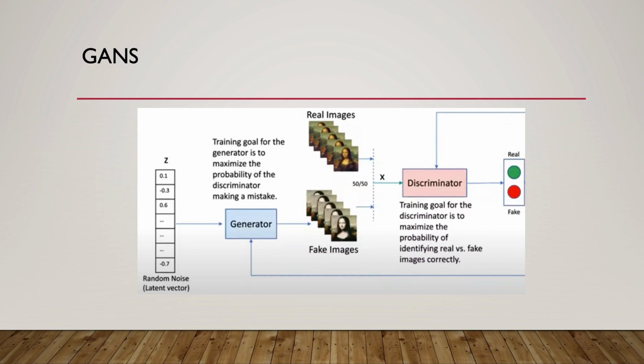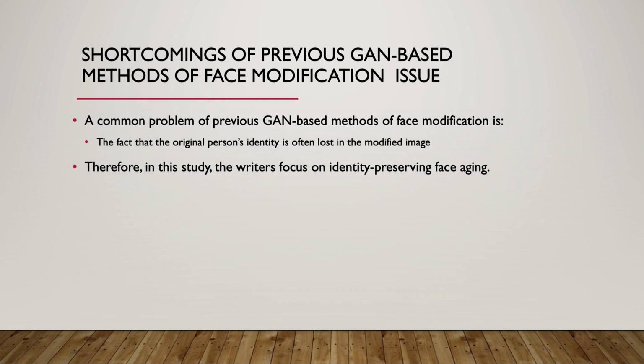So the training goal for the discriminator is to maximize the probability of identifying real versus fake images correctly. So GANs learn a loss function that tries to classify if the output image from the generator is real or fake, while simultaneously training a generative model to minimize the loss function. So basically the generator wants to minimize loss and the discriminator wants to maximize loss. That's the whole way the training is going to happen.